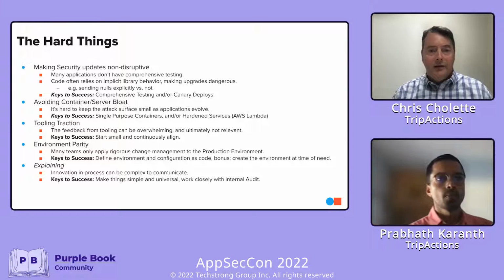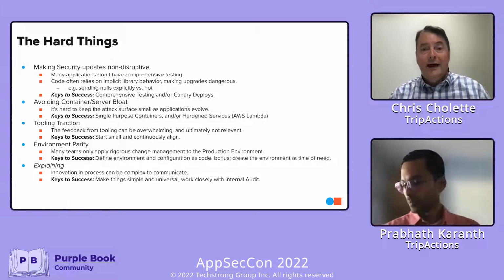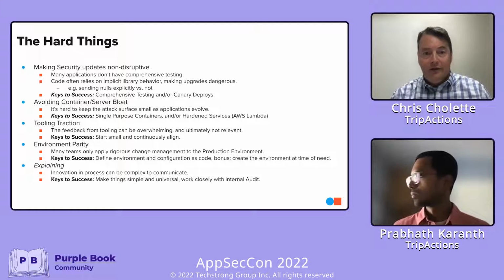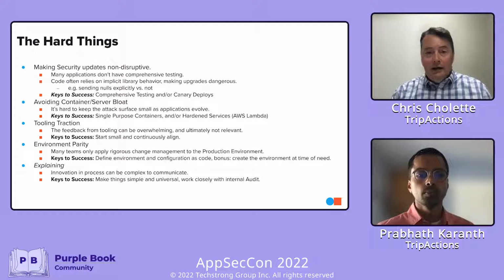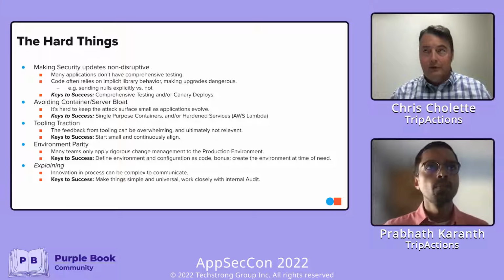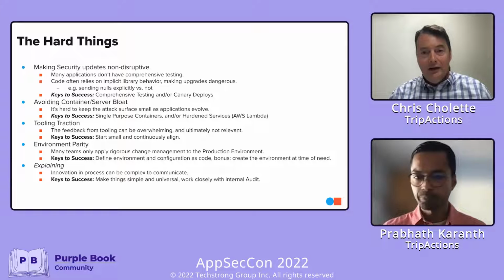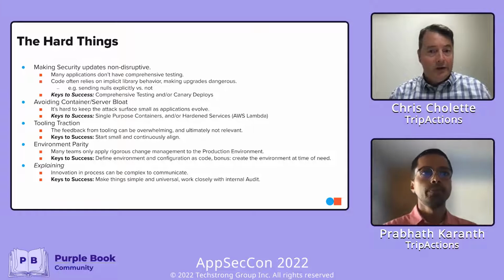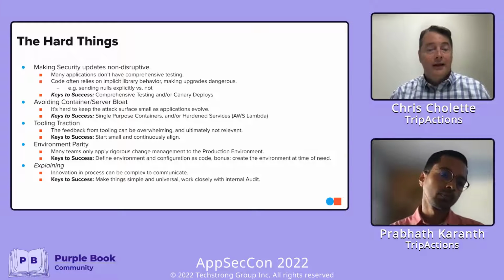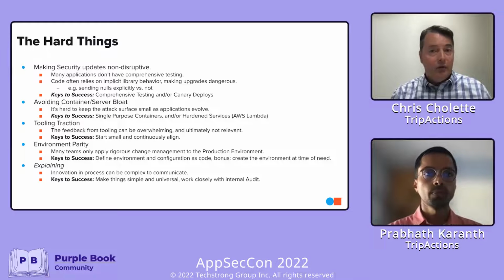So let's talk about the hard things. So making these security updates non-disruptive. Many apps don't have comprehensive testing. Sometimes code relies on implicit library behavior. For example, Jackson upgrade, it stopped sending nulls explicitly, and that broke some things, right? So the keys to success here are comprehensive testing as much as possible, and/or canary deploys.